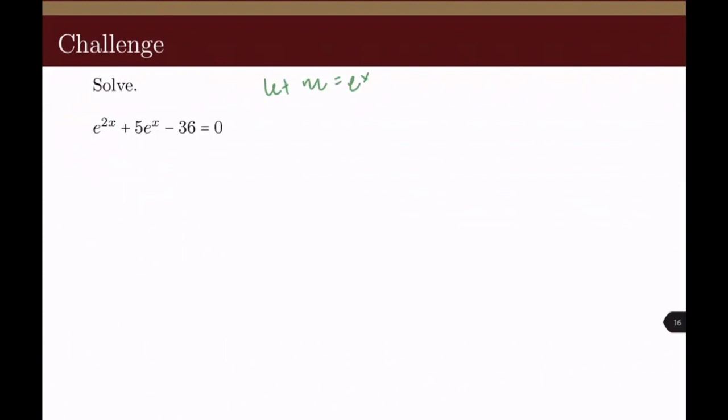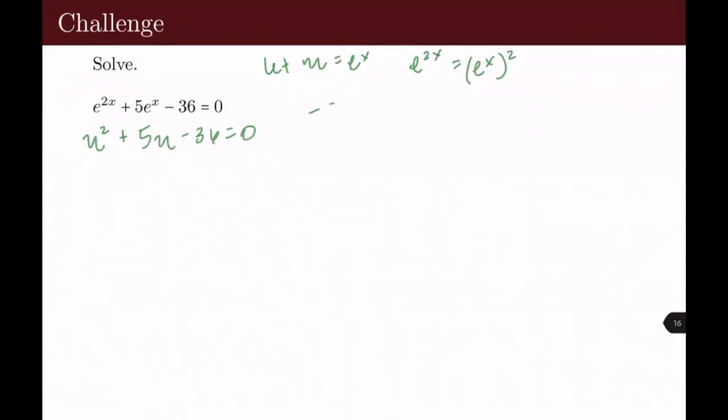The reason you're going to do this is because e to the 2x is the same thing as e to the x squared. So what we're going to have is e to the 2x is going to equal u squared plus 5u minus 36 equals 0. And wow, it's all of a sudden a really pleasant quadratic that we definitely know how to solve. So we're going to take negative 36 and we're going to try to figure out factors that add to positive 5.